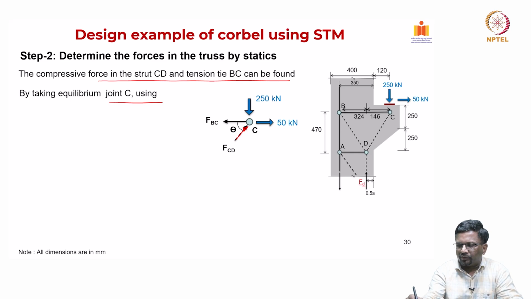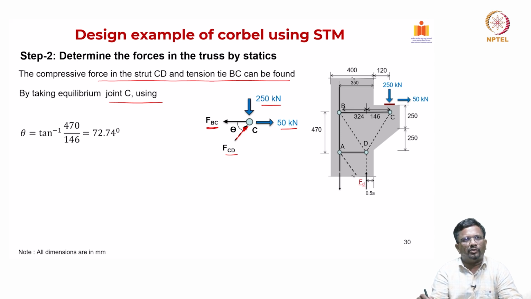So, that is the reason these forces are transferred to act on the force, which is 50 kilonewton to 50 kilonewton. These are external, and then you have a strut that is coming FCD, and then tension tie that is going FBC. This, of course, this node joint has to be in equilibrium. So, we take from equilibrium direction.